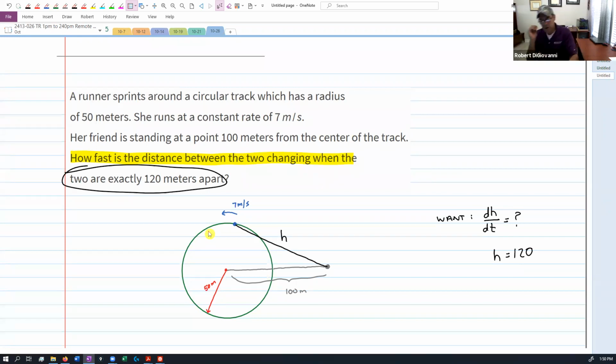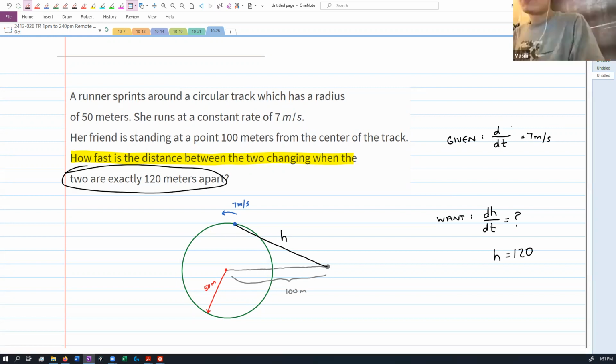All right, what are we given? We're given the speed she runs, 7 meters a second. And this is d something dt. D what though? Is it dr?